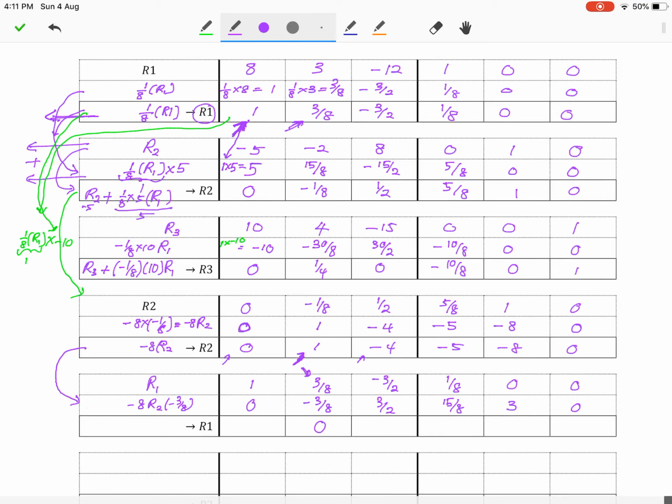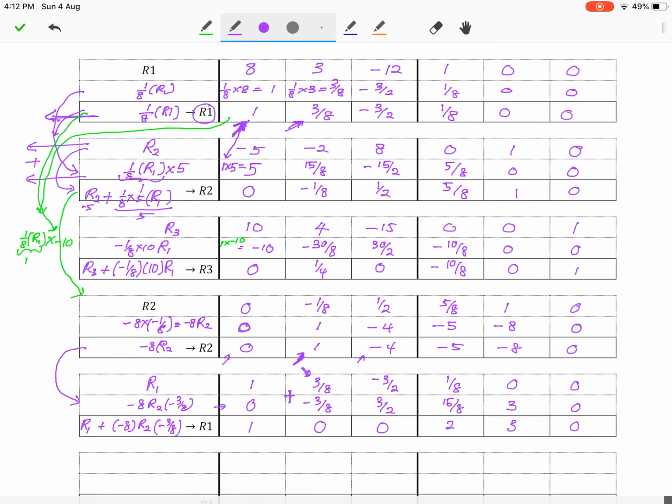So we said just now, to get 0 here, I just add. That means R1 plus negative 8 R2 times negative 3 over 8, which is what we have here. Now you add 1, so this one is 0. This one is 1 over 8 plus 15 over 8, which gives me 16 over 8, which is 2.